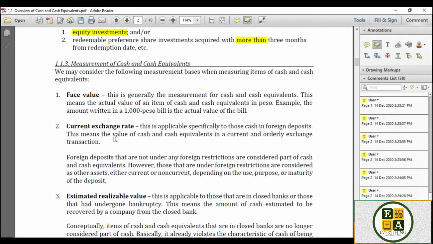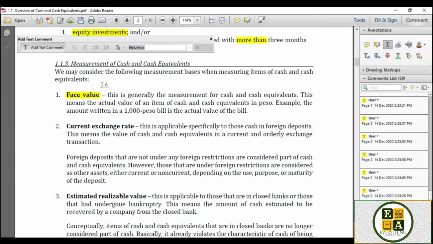So, yung pinaka-applicable talaga, general measurement is face value. Pag sinabi nating face value, we always consider yung actual talaga. Pag sinabing face value, we mean as the actual. Okay? Actual value.